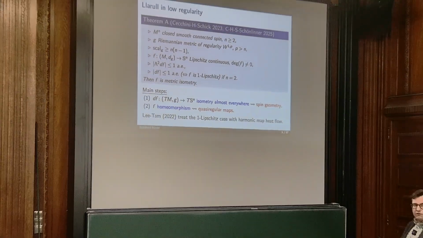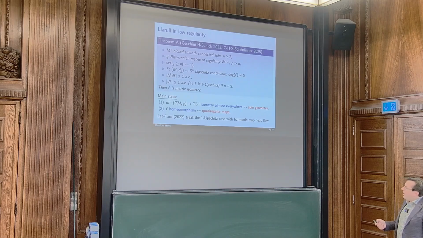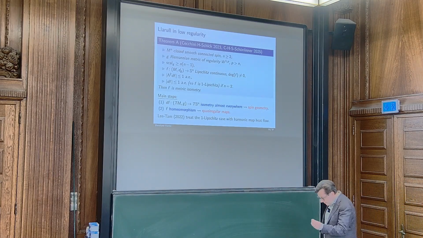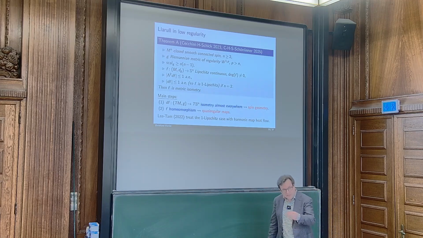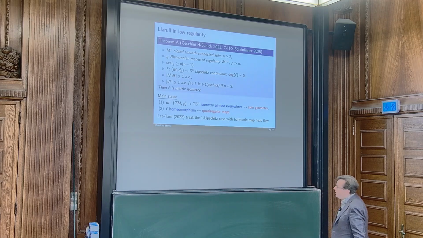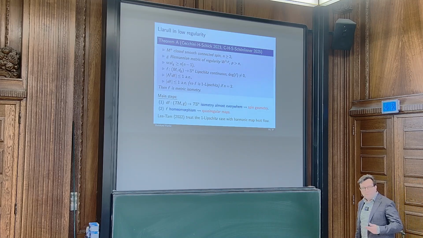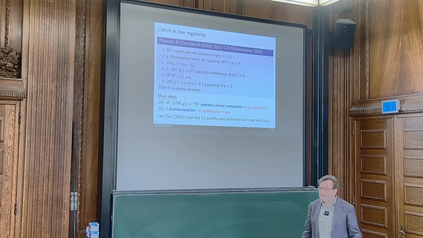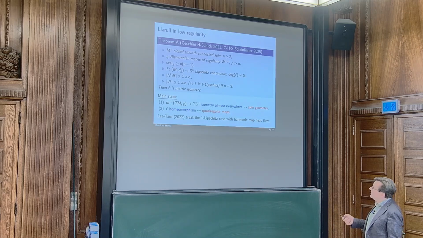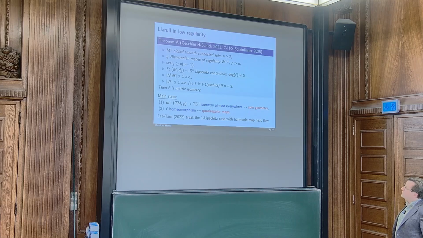It makes sense. It's a continuous map. And now, remember, I had this condition on the norm of what happens with two vectors in the tangent space. And now the point is that the differential of f need not be everywhere defined, but it's almost everywhere defined because we have a Lipschitz continuous map.